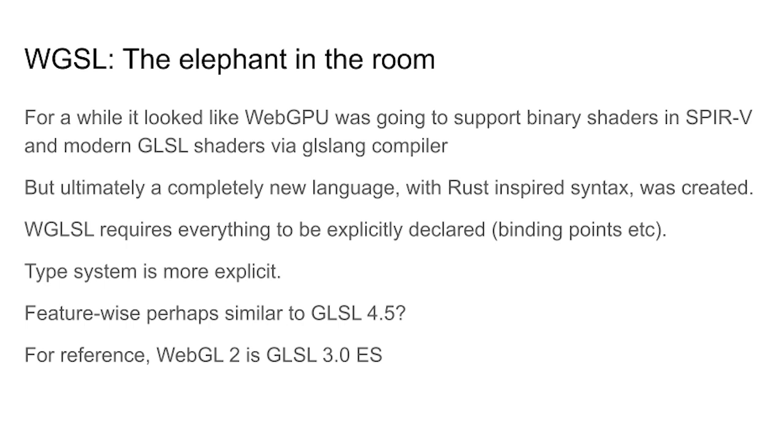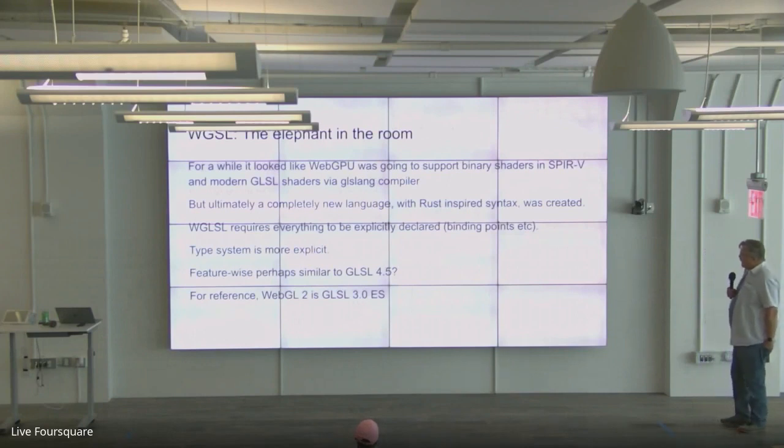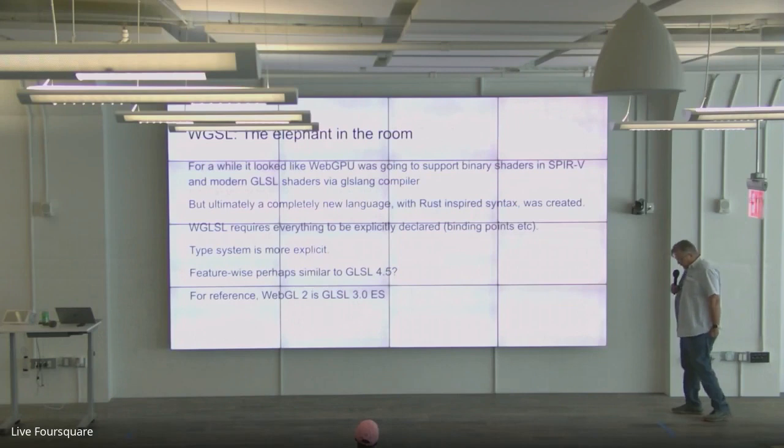Initially it looked like WebGPU was going to support GLSL 4.5 or perhaps binary shaders in SPIR-V format, but in the end, they went with a new shader language with Rust-inspired syntax. And it's highly structured, much more structured than GLSL, at least in the early versions that WebGL uses.